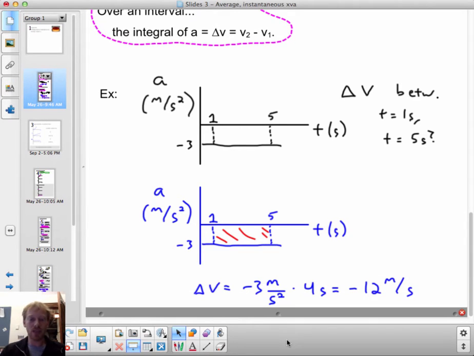So 4 seconds times minus 3 meters per second squared is minus 12 meters per second. That's not the value of the object's velocity at a particular instant necessarily. That is the amount that the velocity changes between t equals 1 second and t equals 5 seconds.